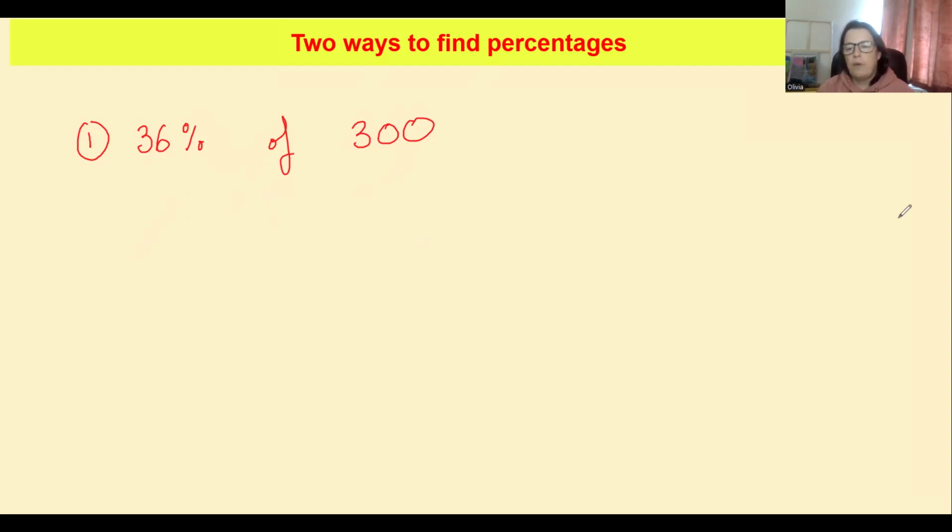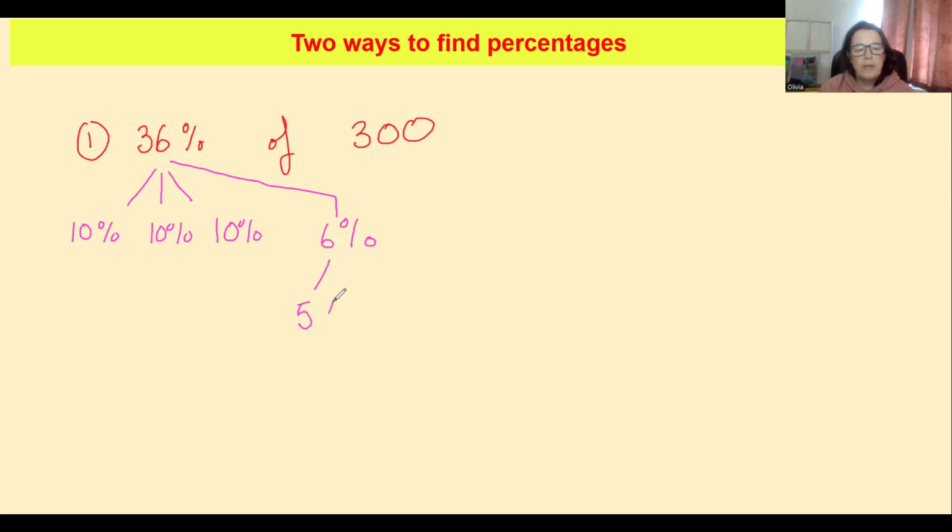Well, the first way of solving it is by breaking 36% up into different components. So 36% is made up of 10%, another 10%, another 10%, and now we've got our 6%, and we're going to break that 6% up into 5% and 1%.